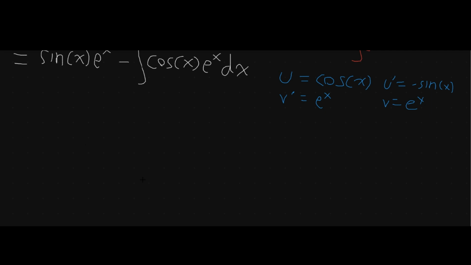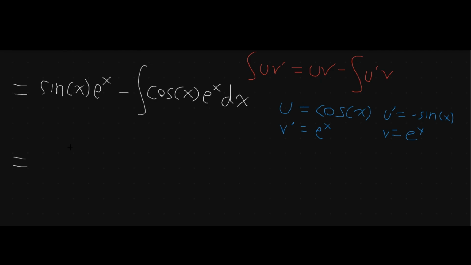So we need to apply the integration by parts formula once again. So we write again whatever we have at the front before the integral, which is sine of x e to the x minus, and let's open up a bracket.